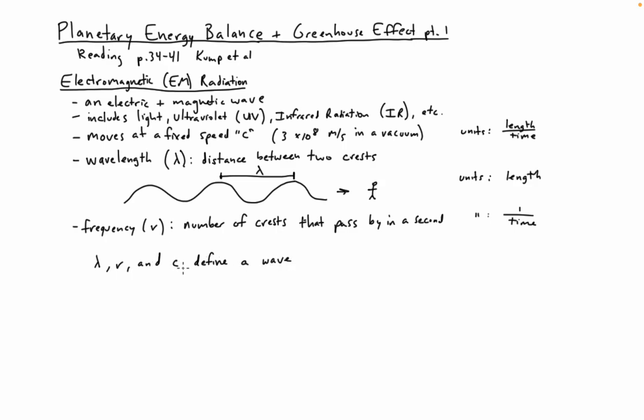So there's other things like polarization and amplitude that can be important for a wave, but these are the most basic elements. And like I said, they're related, and I want you to pause the video next and see if you can figure out what the relationship between these is. It's an equation with these three variables in it, and see if you can work out what that equation is about to be. So pause the video now.